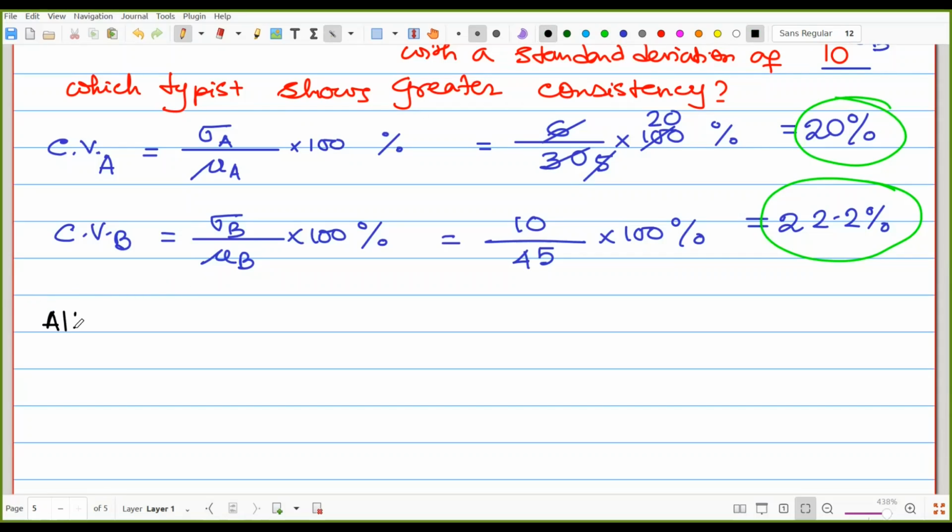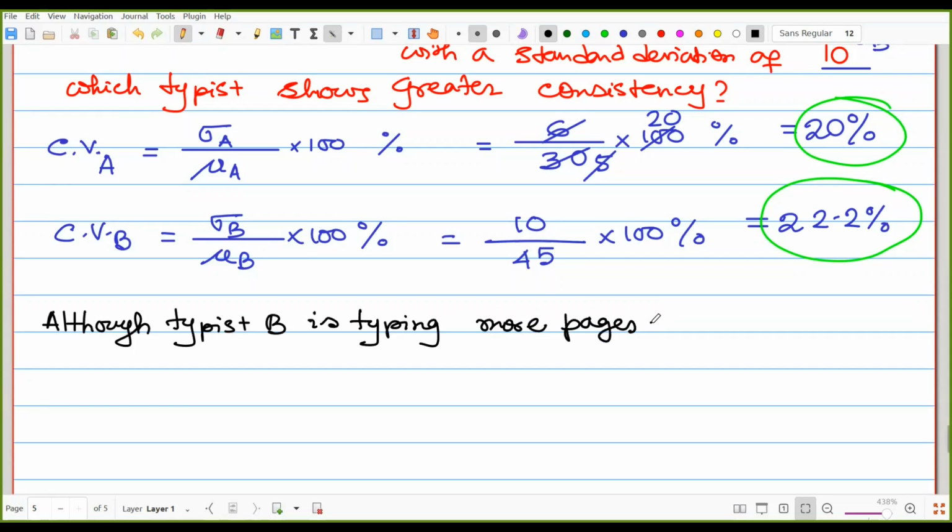Although typist B is typing more pages than typist A. More pages, why?